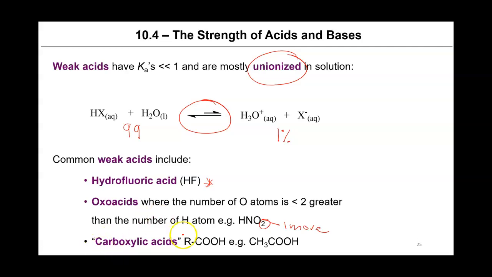And a very common class of weak acids that are important in biochemistry are carboxylic acids. You can recognize carboxylic acids because they all have this ending on their formula, COOH. So they'll have some kind of group and then it'll end in COOH.